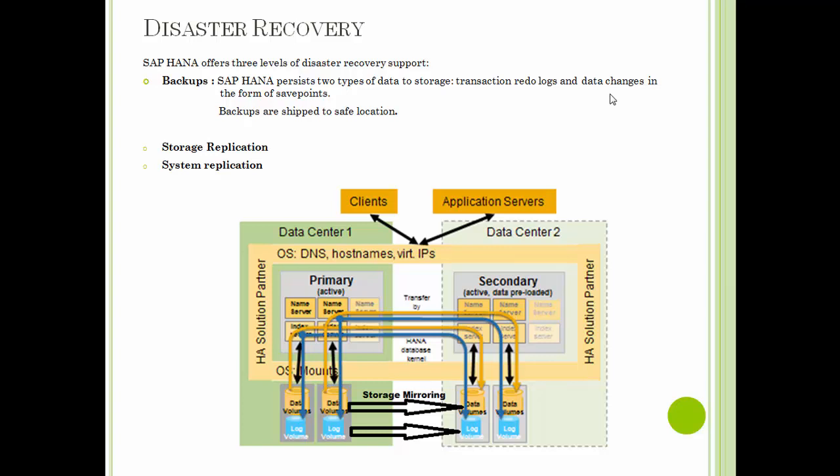And upon any outage, most recent consistent state of the database can be restored. How? By replaying the changes recorded in the log. That is redoing completed transactions and rolling back incomplete ones. Thus, we can recover the system to the point of time which was stable. And a save point is a periodic point in time when all the changed data is written to storage, in the form of pages.